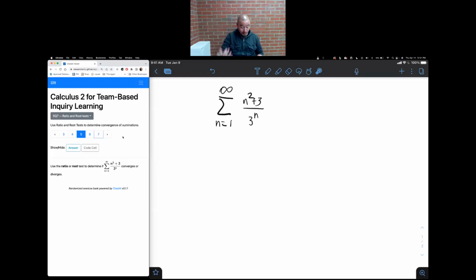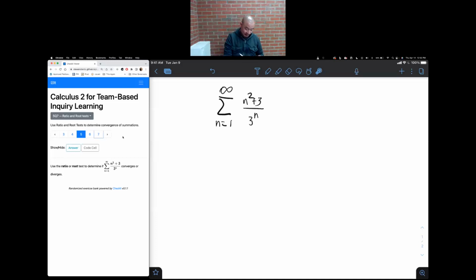Something worth noting right away is that because our numerator is a polynomial, specifically a quadratic, and the denominator is an exponential, we should expect this series to converge. Exponentials significantly dominate quadratics.